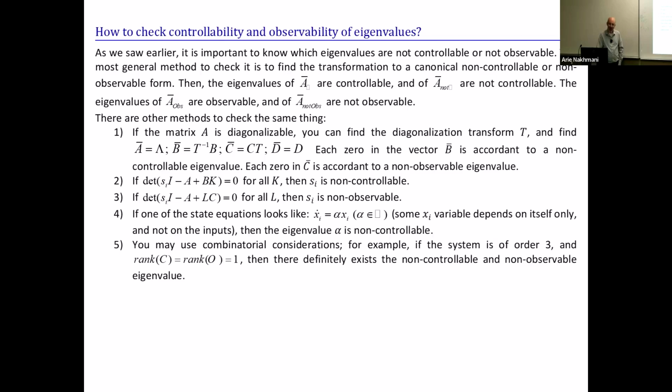So what can you tell about the stabilizability and detectability of a system where all of its eigenvalues are on the left in a continuous time system? Can you say something about the detectability and stabilizability?